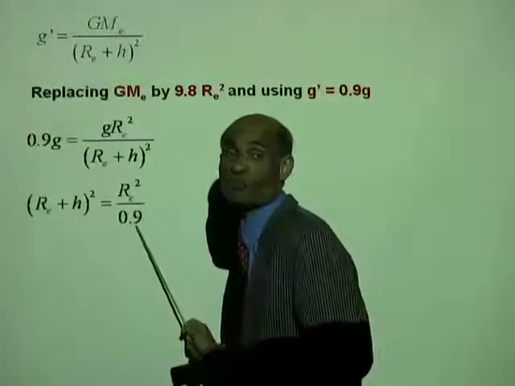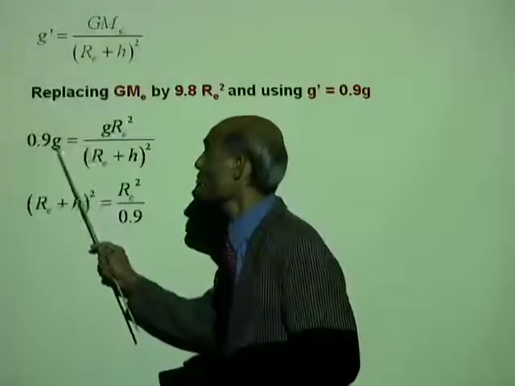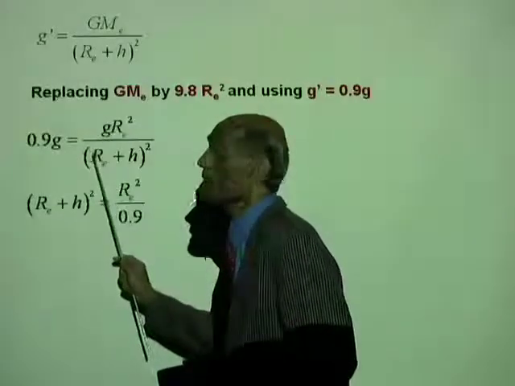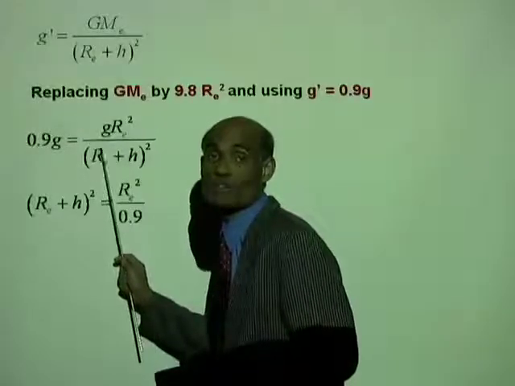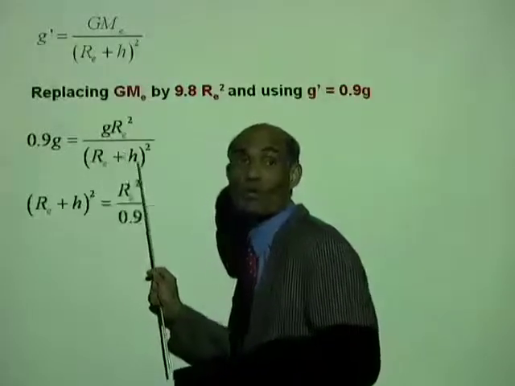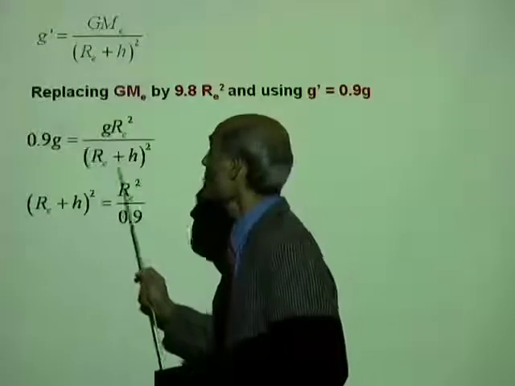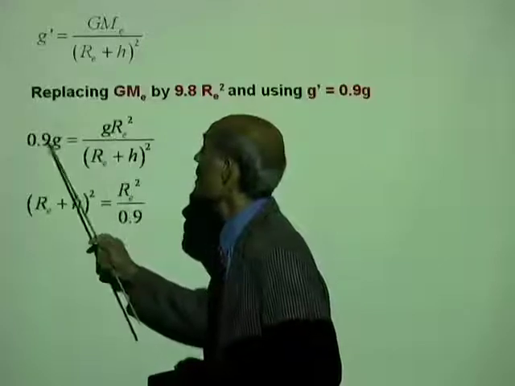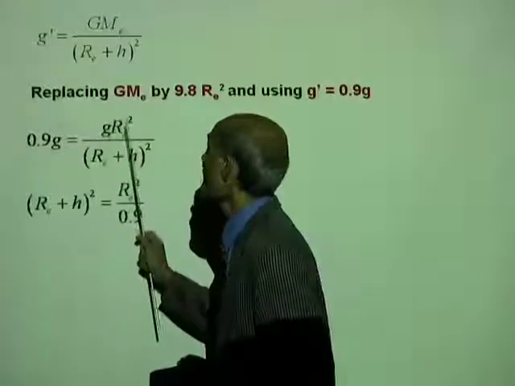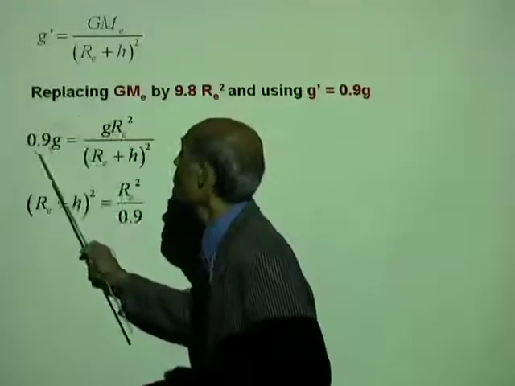I hope you followed that step. I first cancel the g and then solve for Re plus h. Now why? Because we are looking for h. So (Re plus h) all squared is this Re squared over 0.9. No, this g is gone.